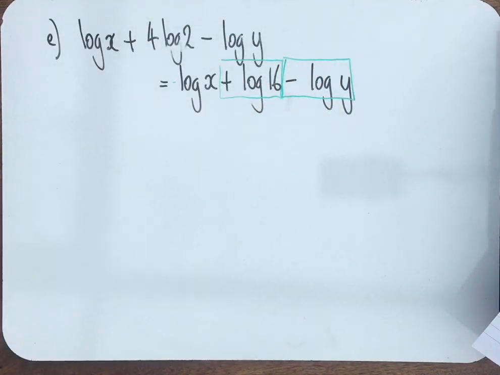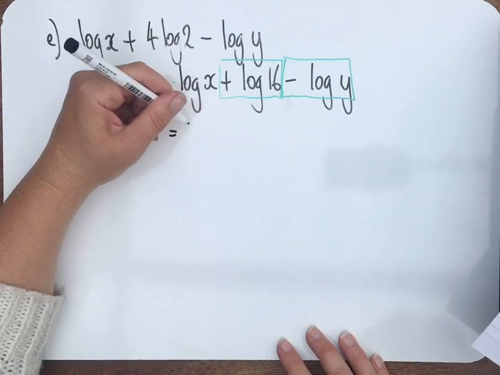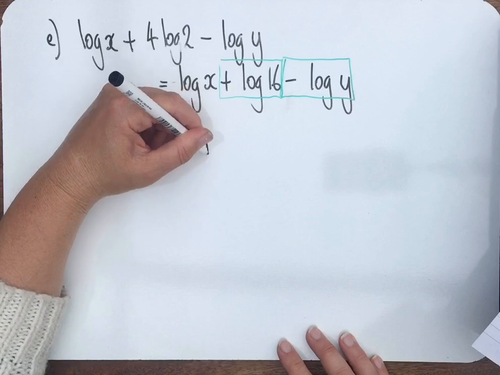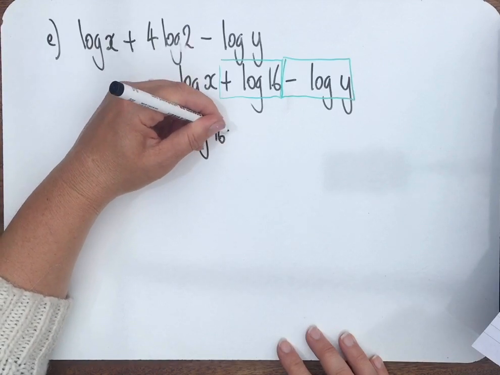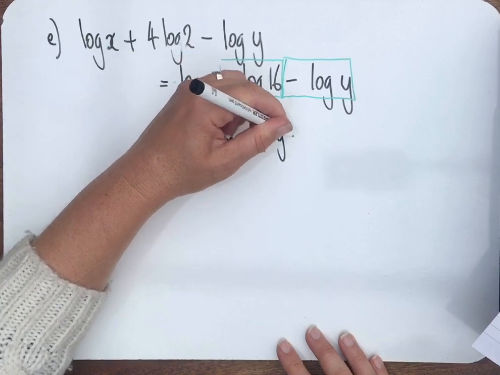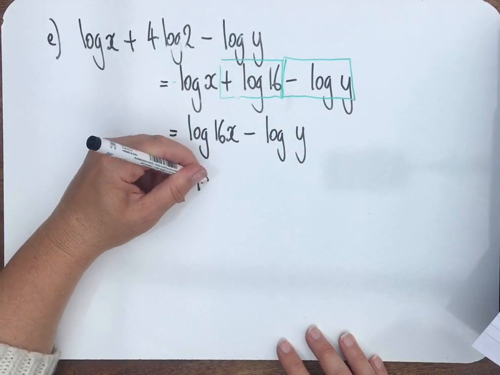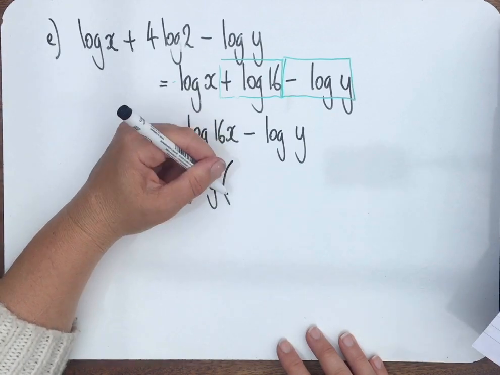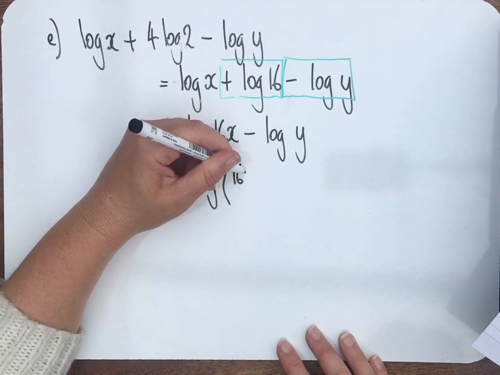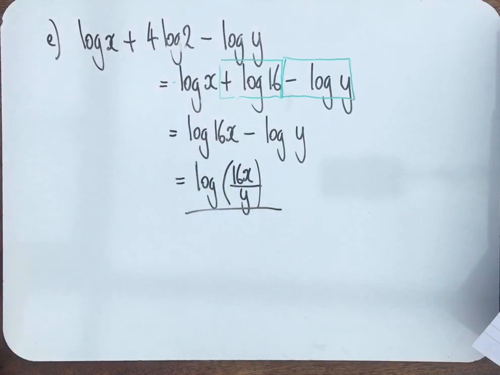So I would combine the first two together first to give myself log of 16x minus log y, and then log a minus log b is log of a over b, which takes us to there.